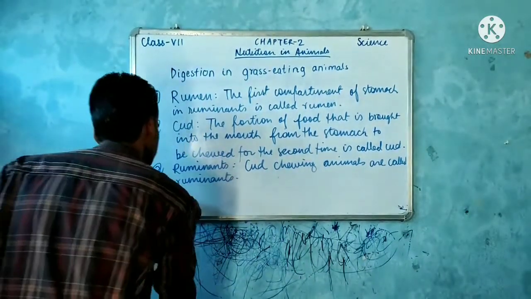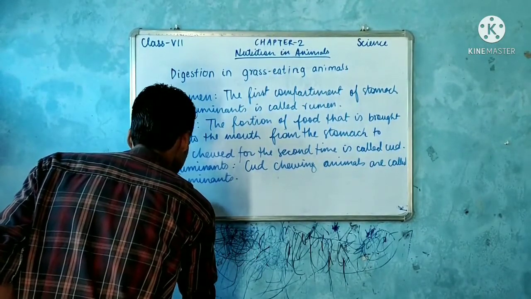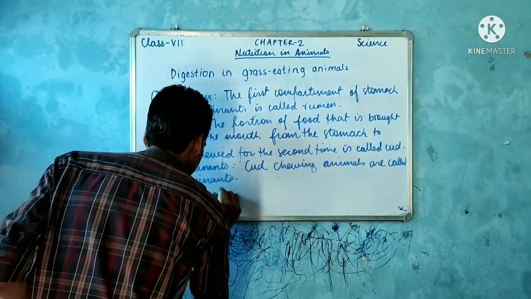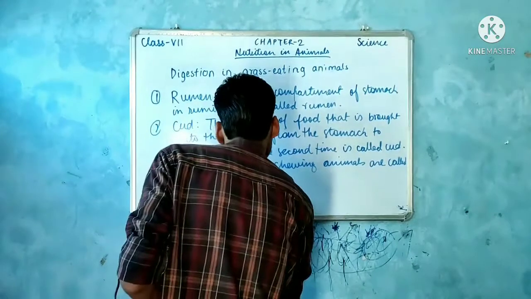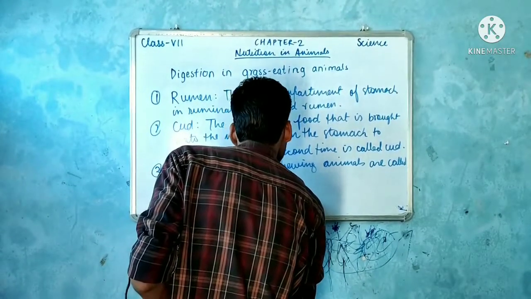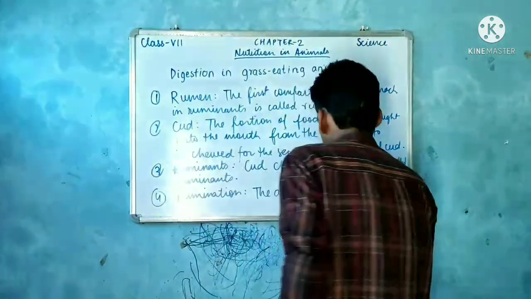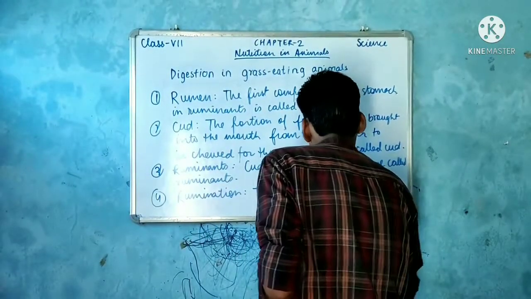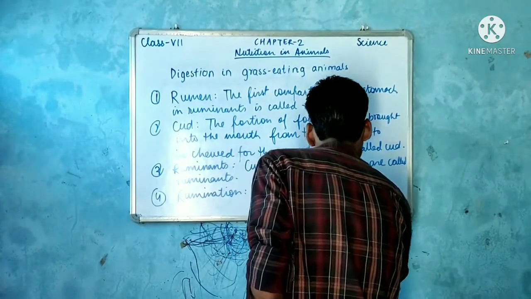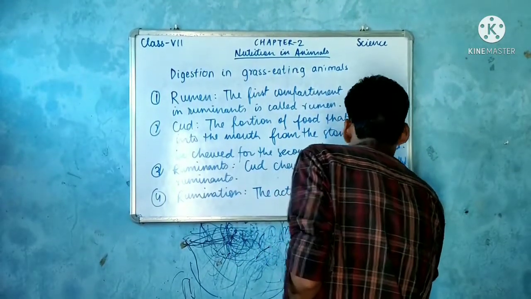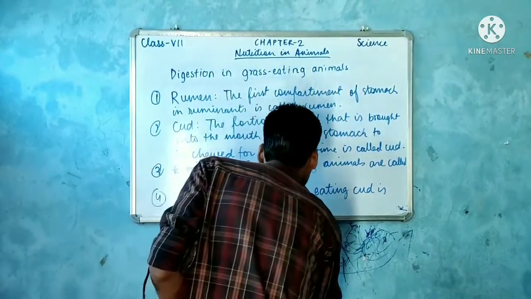Fourth and last one is rumination. The act of eating cud is called rumination.